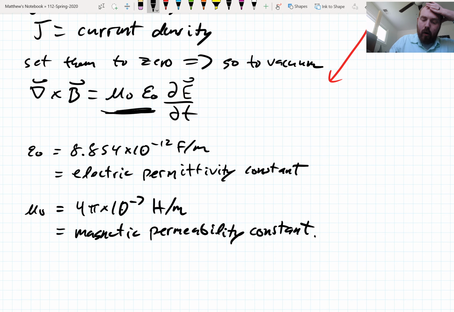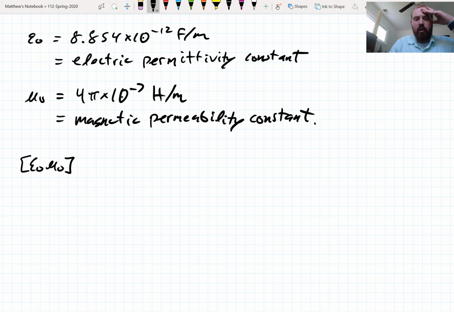All right, so let's calculate this product. Let's see what this is. You know me, I'm a units guy. I want to know, does this have any physical significance, or is it just a bunch of crazy units stitched together? So this is going to be a farad per meter times a henry per meter. Farad, unit of capacitance.